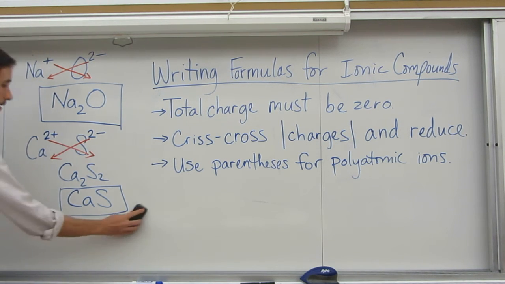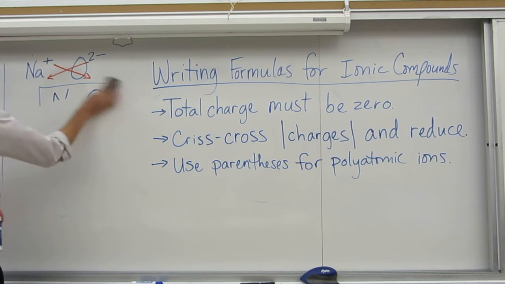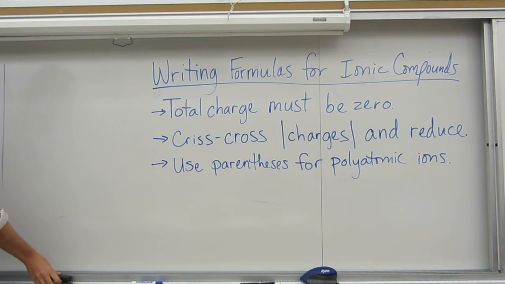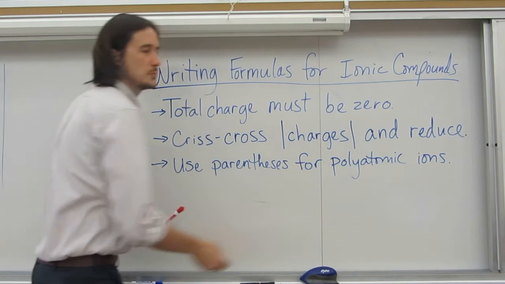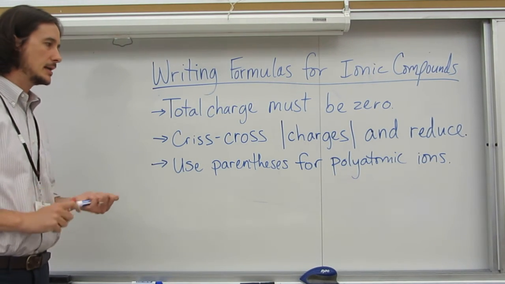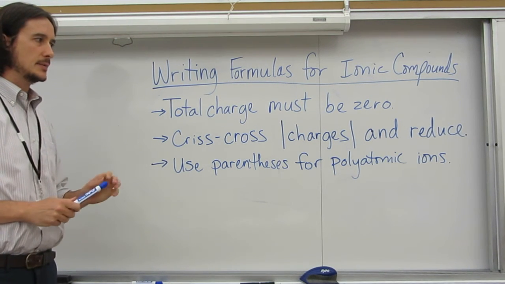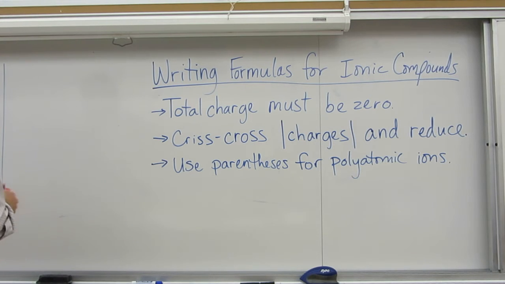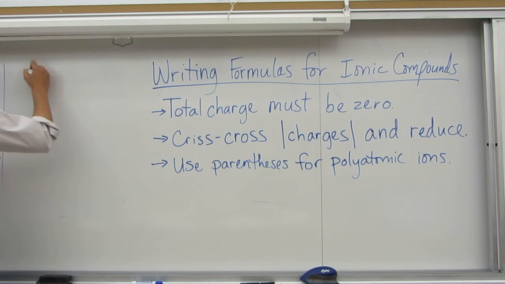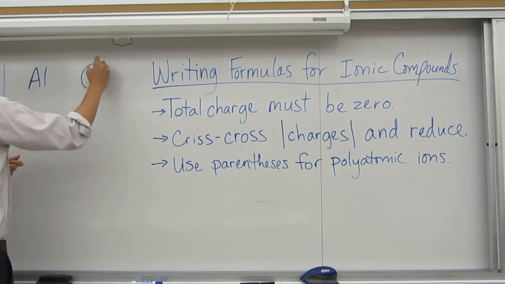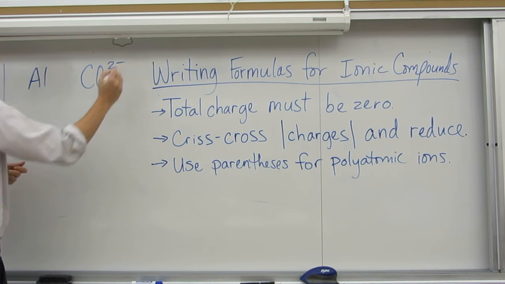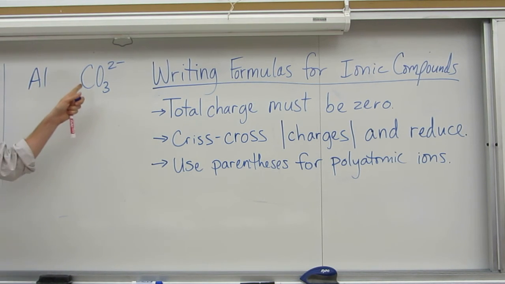All right, that's that. I got a couple more examples because I mentioned polyatomic ions. Make sure you use parentheses for polyatomic ions, and that's any time you have more than one. So we have aluminum and carbonate.